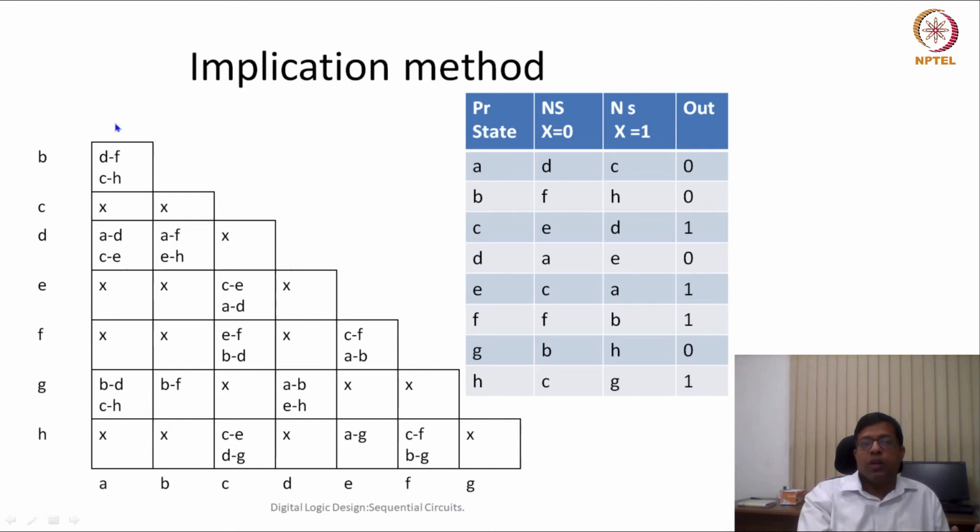There need not be an A to A cell, because A is actually equivalent to A. Similarly, the upper half of this matrix is also not there. Now let's quickly look at all the cells of this matrix. You see A and C. If we see A and C, we don't care whether the next states are the same or not, because outputs are different, so A and C are bound to be different.